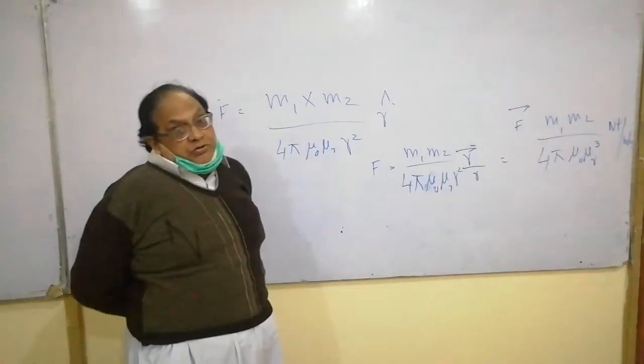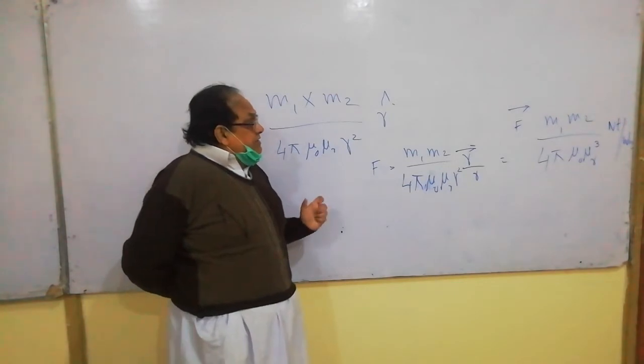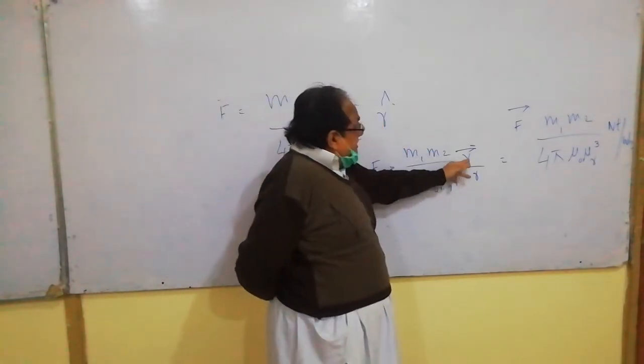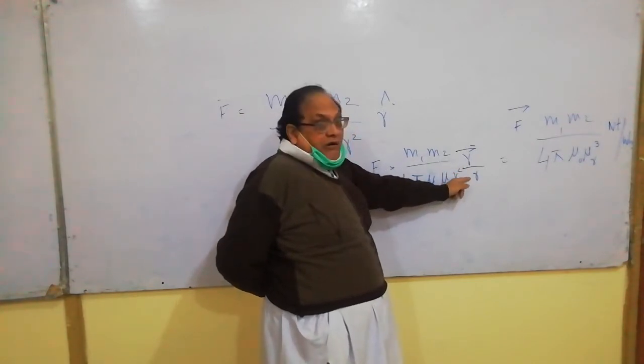It has both magnitude and direction, and this symbol shows the unit vector, which is defined as the vector divided by its magnitude, r vector divided by r.